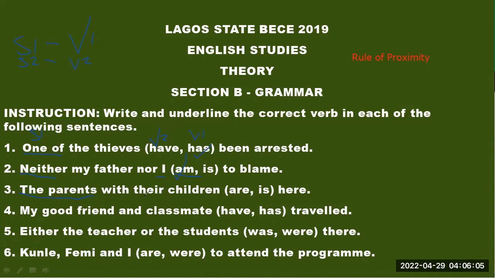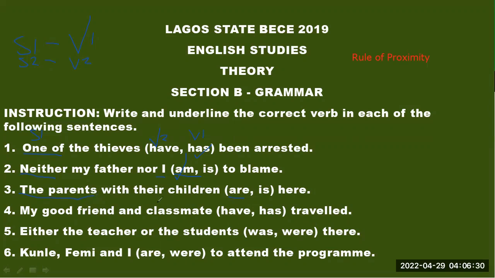The parents with their children are here because we have parents. Even if we have child here, the parents with their child are, because the meaning is this: the parents are here. By the way, their children are with them, or they are with their children, all right?